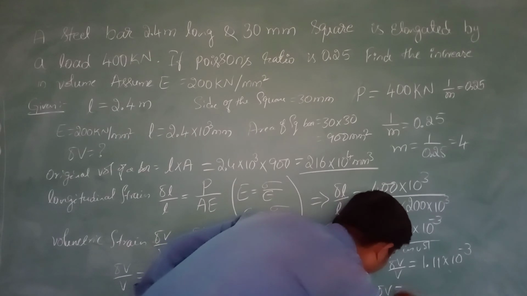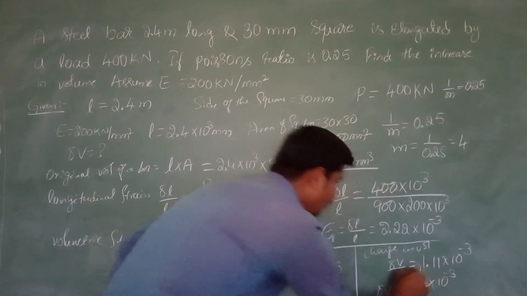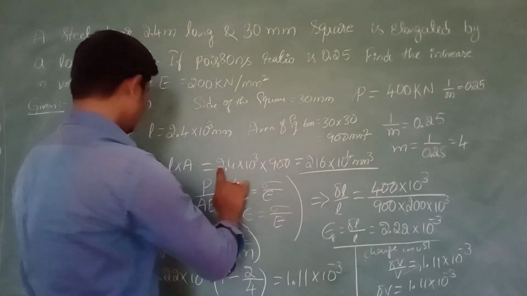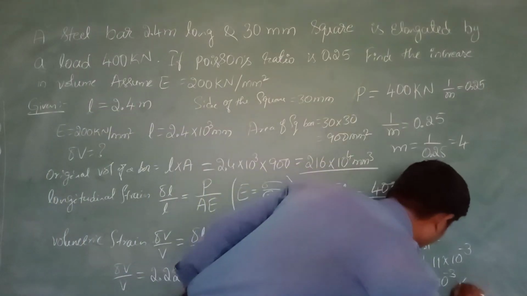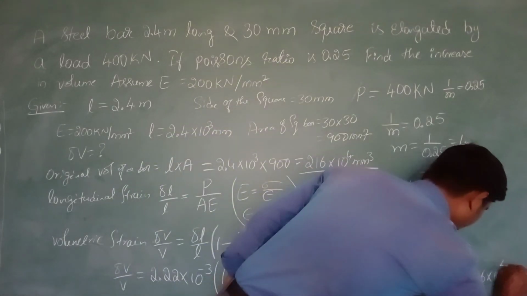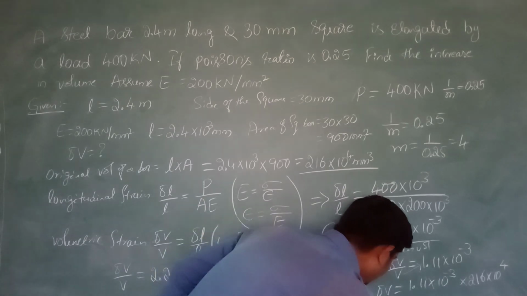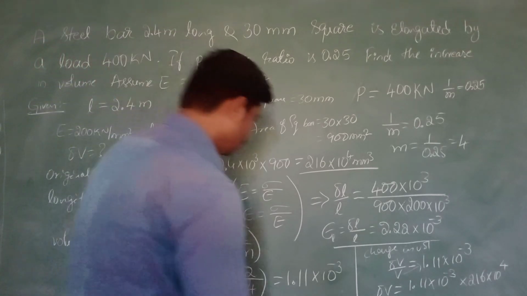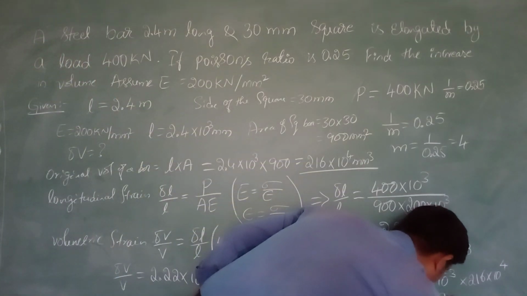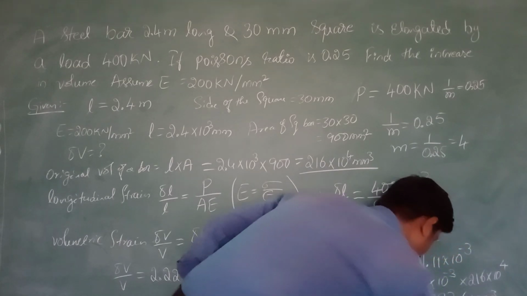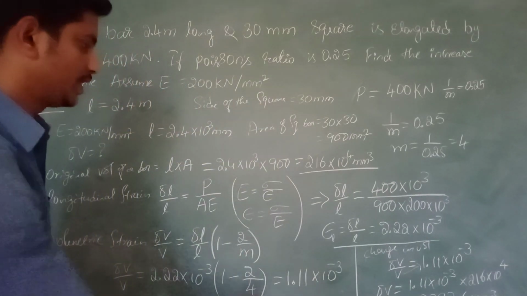So delta V is equal to 1.11 into 10 to the power of minus 3 into V. We know the value of V, the volume, which is 216 into 10 to the power of 4 mm cube. Simplifying those values, delta V is 2397.6 mm cube. This is the value of the change in volume.